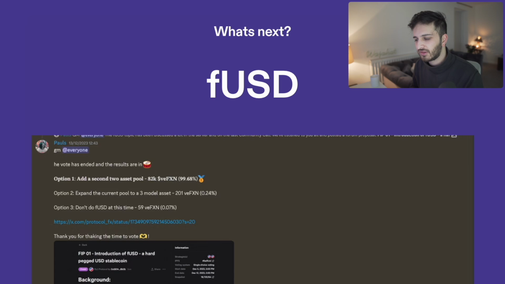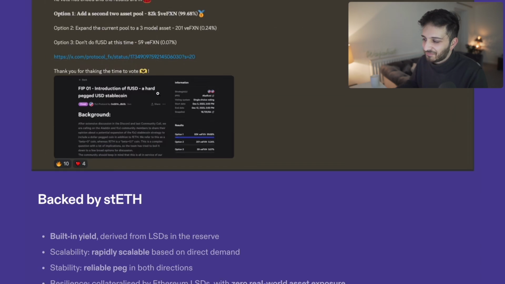For me, one of the things I was thinking was that we should be focusing on the leverage asset and the stable asset, and increasing their composability within DeFi before moving on to increasing other assets. However, the community did want this. I'm still excited to see how this will look. I do believe in the team and what they are building at the moment. But yeah, I'll be honest, I did vote against this, but let's see what happens.